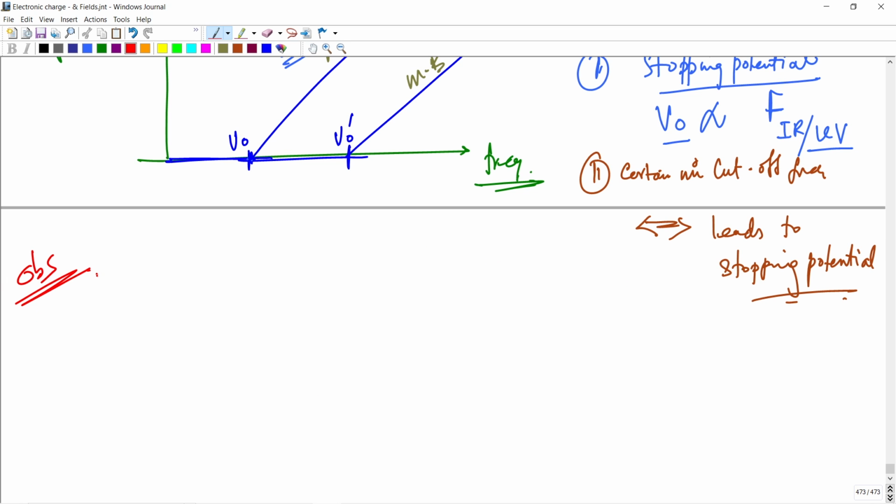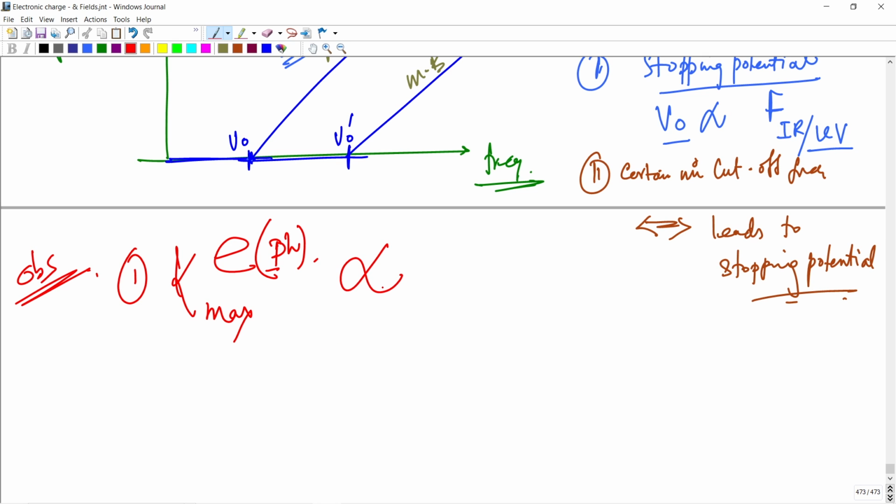What is the observation? The maximum kinetic energy of that photoelectron is directly proportional to the frequency of incident radiation or UV ray. If the frequency is more, the energy is more, so that's why more stopping potential is needed to stop that.